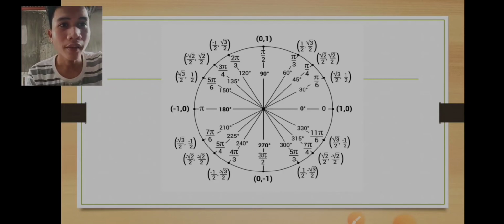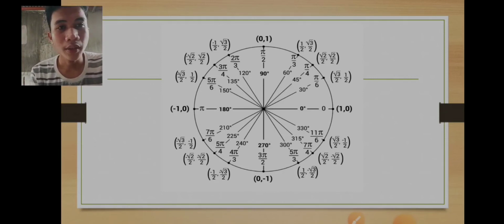At 150 degrees or 5 pi over 6, the cosine is negative square root of 3 over 2 and the sine is positive 1 half. At 180 degrees or pi, the cosine is negative 1 and the sine is 0.